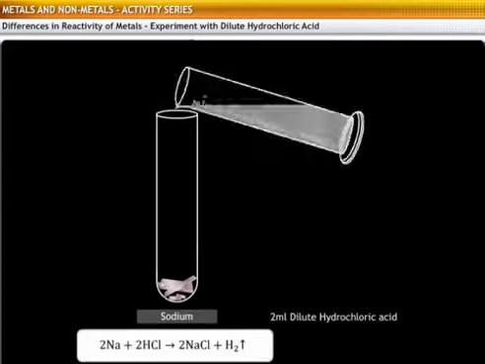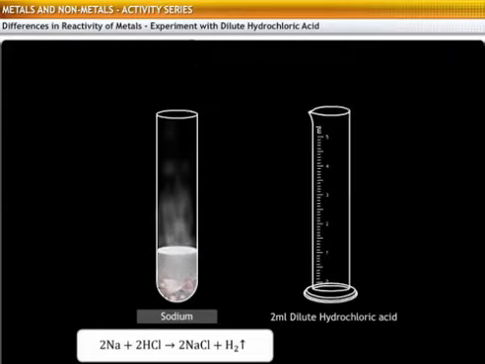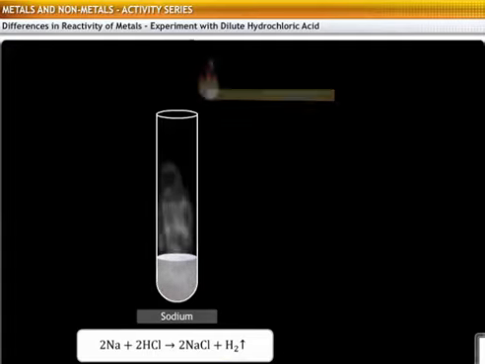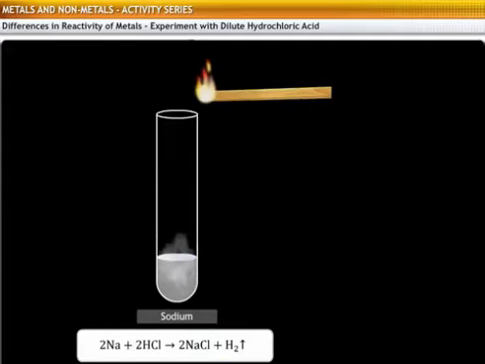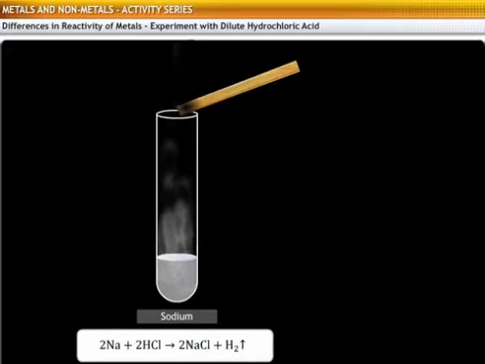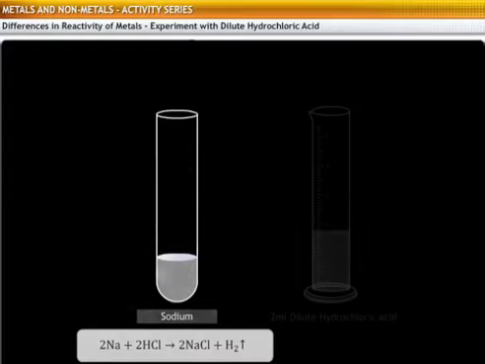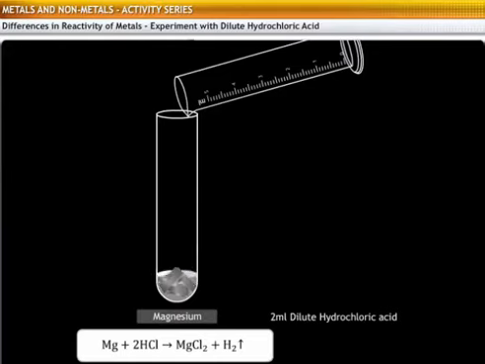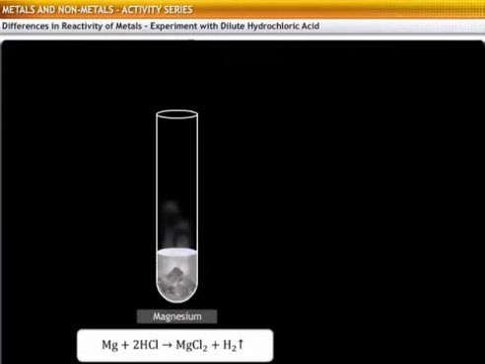For instance, adding 2 ml of dilute hydrochloric acid to sodium results in a vigorous liberation of hydrogen gas. If you hold a burning splinter over the mouth of the test tube, the flame is extinguished with a pop sound. Similarly, the addition of dilute hydrochloric acid to magnesium in the second test tube liberates hydrogen.